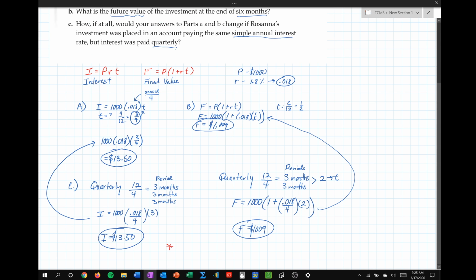So let's make a note here that with simple interest, there is no difference with interest earned.